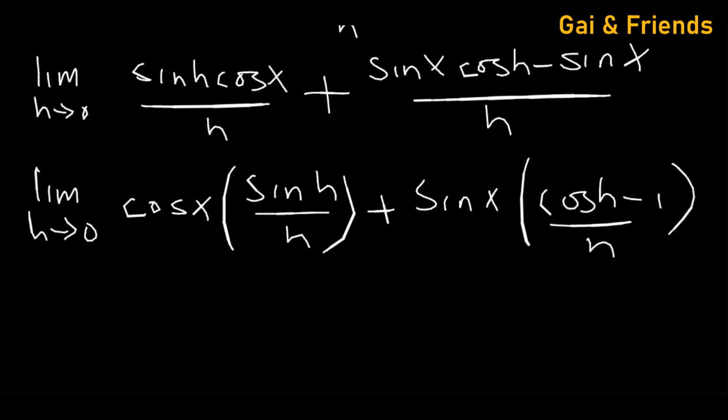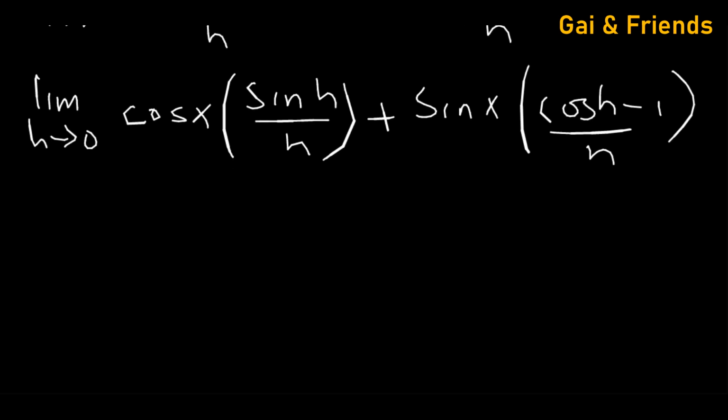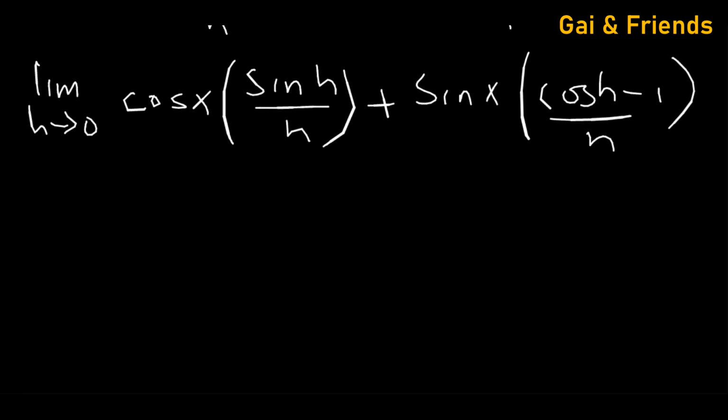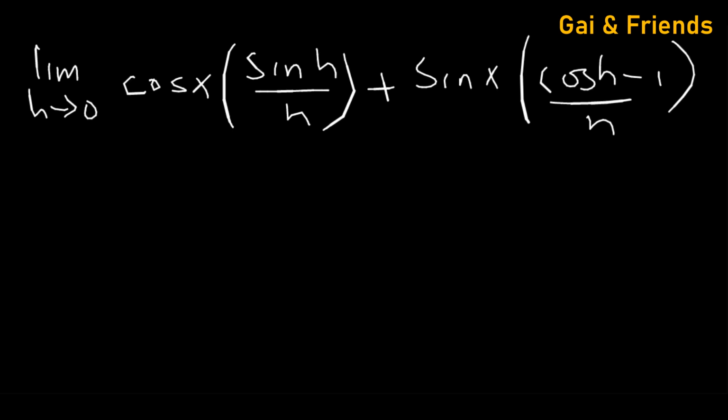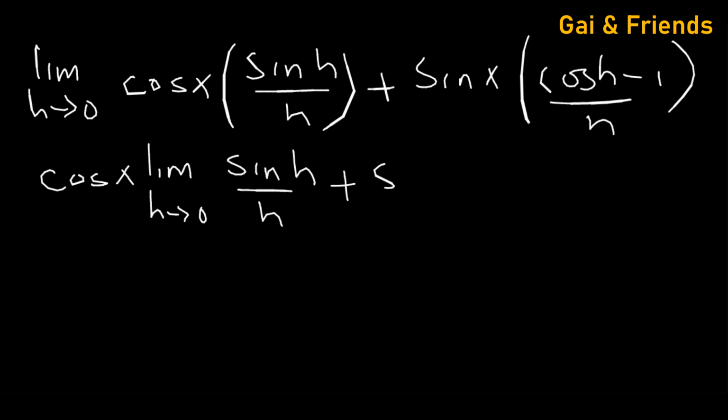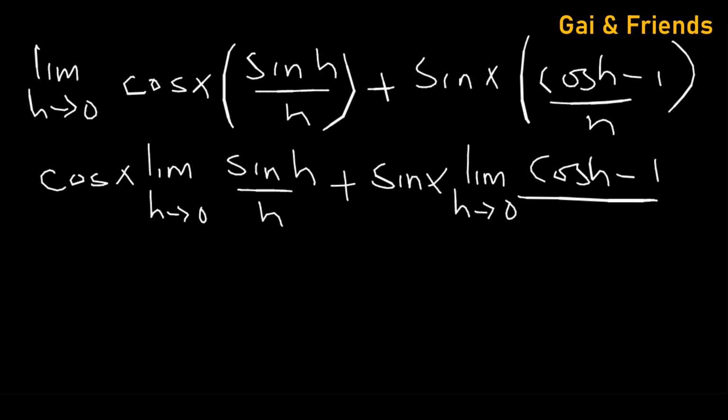Now that you have factorized some things out, you need to use the rules of limits, so you can say cosine x times the limit as h approaches 0 of sine h over h, plus sine x times the limit as h approaches 0 of cosine h minus 1 over h.